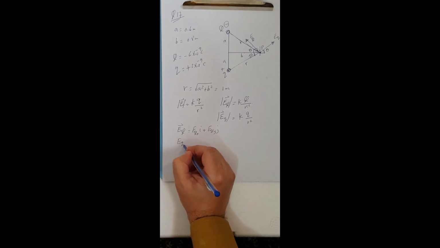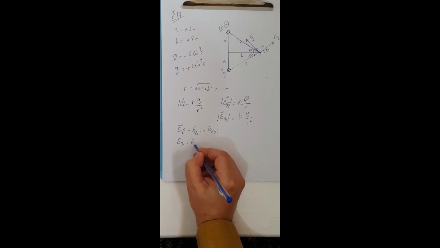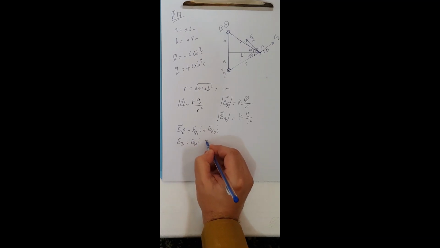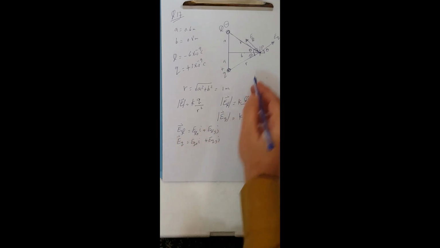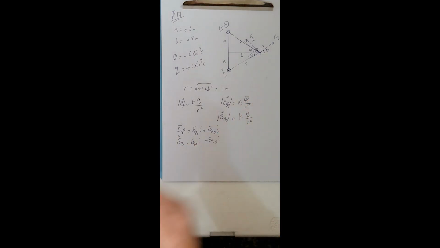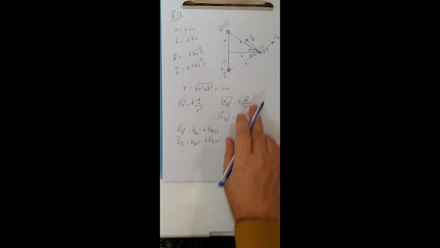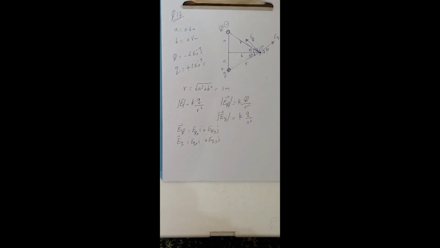Same for the small one, E_qx i and E_qy j. We don't need to use the i and j, but this is just an explanation of the directions.